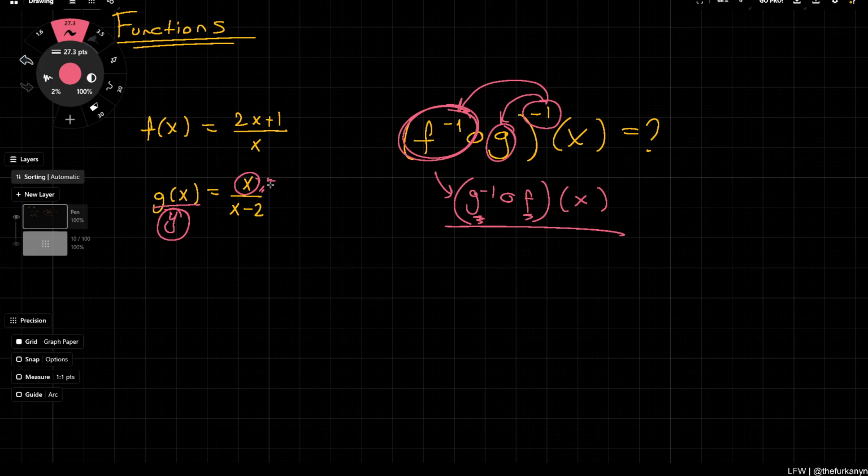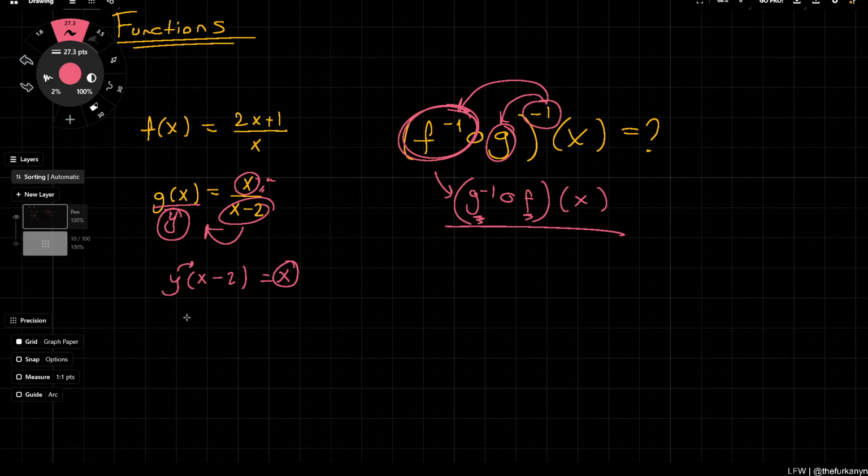Let's send this to the other side: y times x minus 2 equals x. Right here we want to get x alone, but we have x on both sides, so we don't get it yet. So now let's open this up.